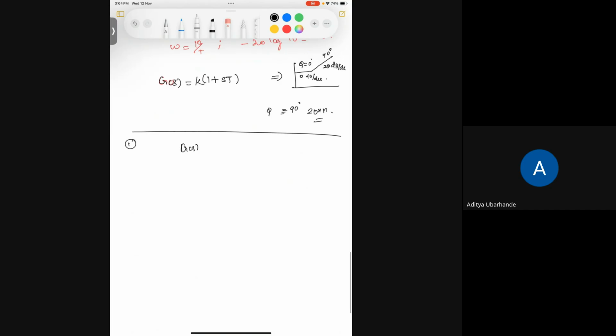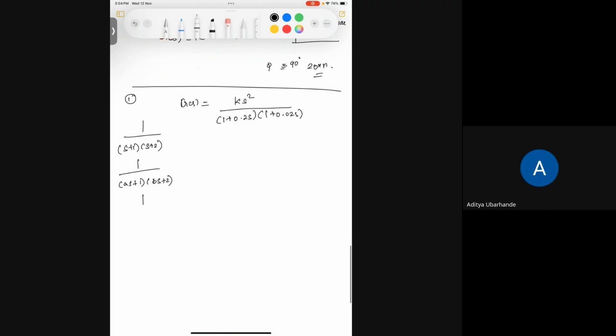G of s equal to k s square divided by 1 plus 0.2s into 1 plus 0.02s. So far, we have been doing all the things like s plus 1, s plus 2. If we have something like as plus 1 and bs plus 2, what you used to write is s plus 1 by a, s plus 2 by b.